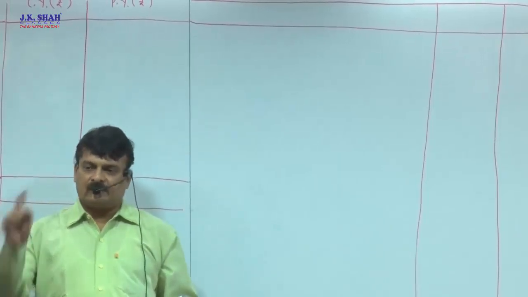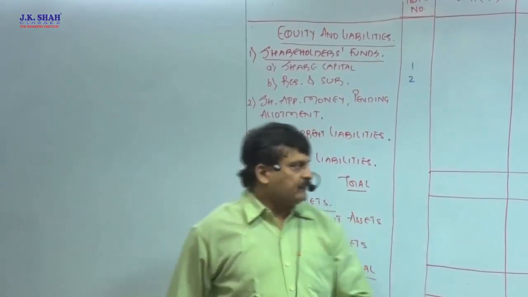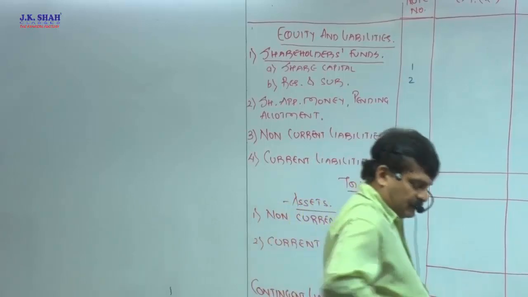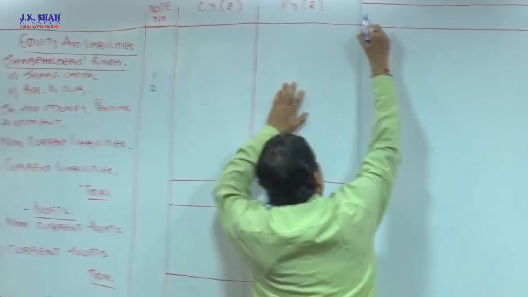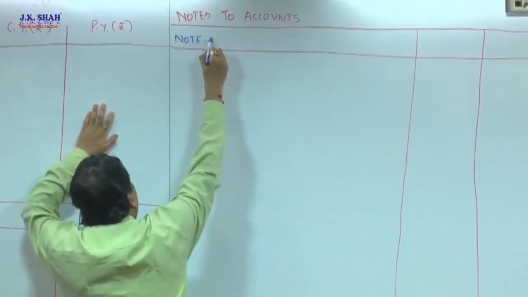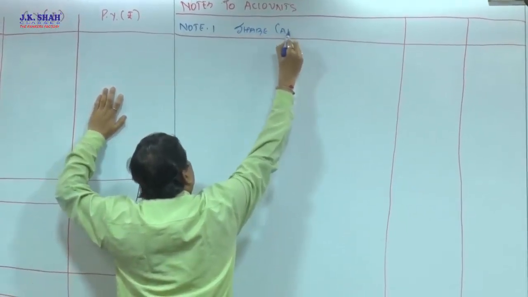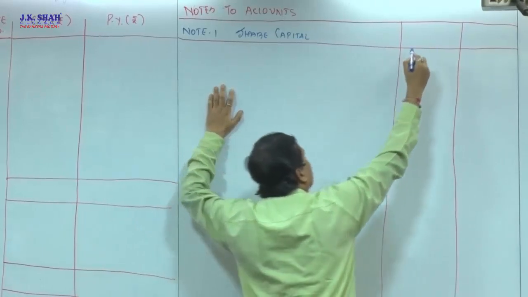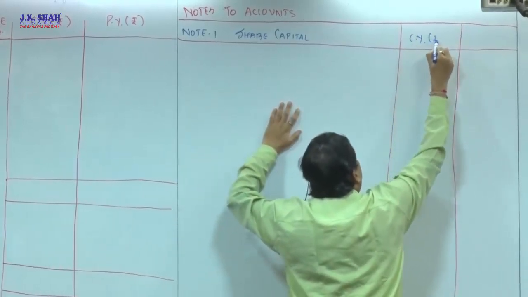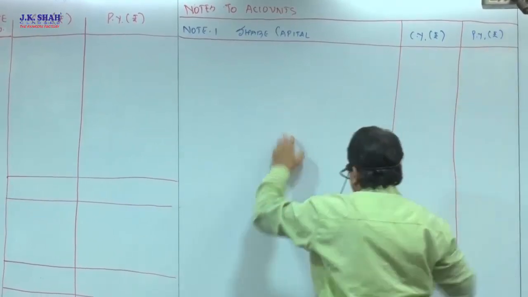13 notes. Now go to your notebook. You're given the heading, notes to accounts, right friends? Write down, in notes to accounts, first line, note 1, share capital, current year rupees, previous year rupees.